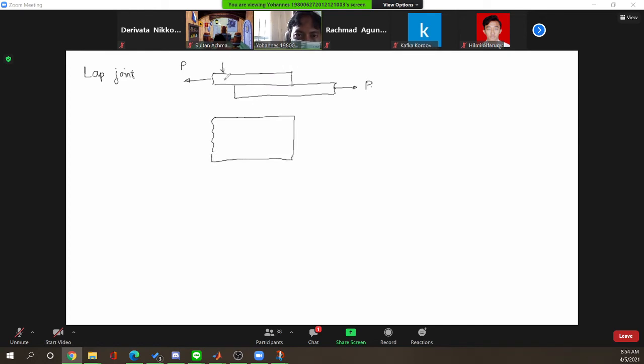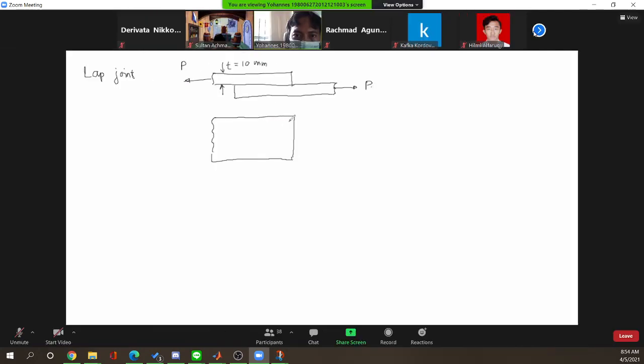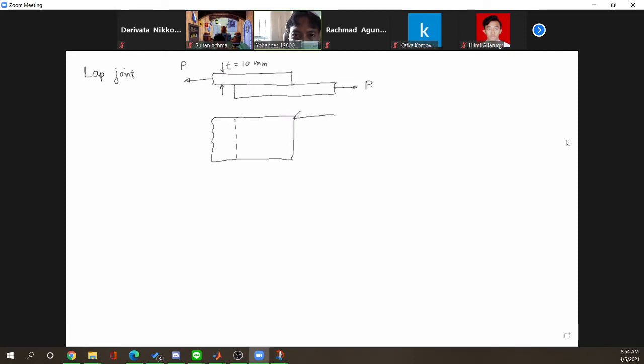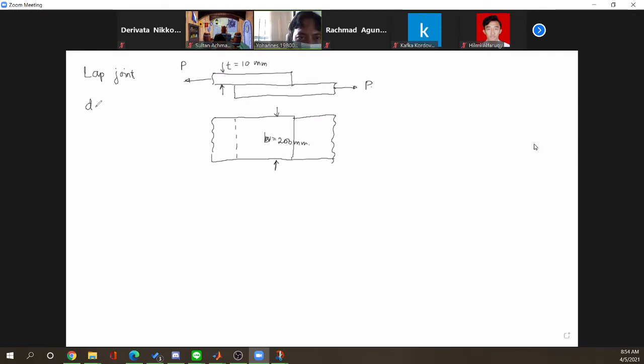Okay, so the thickness is 10 millimeters and the width is 200 millimeters. Okay, and the diameter of the rivet that we use is 24 millimeters.